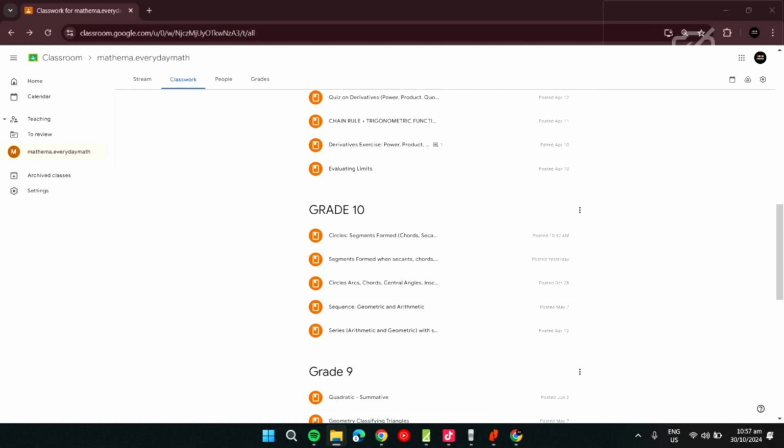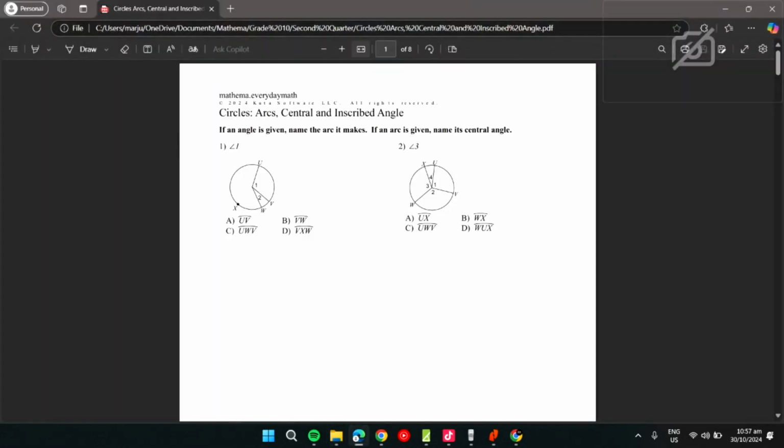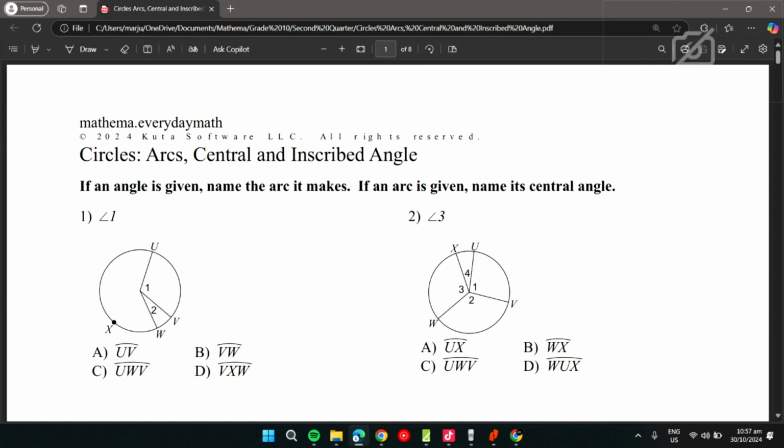And then, where is it now? Circle arcs. What's my file name again? Yeah, I think this is the one. Yeah. And then, again, this is still in multiple choice. Para hindi siya masyadong frightening sa atin.